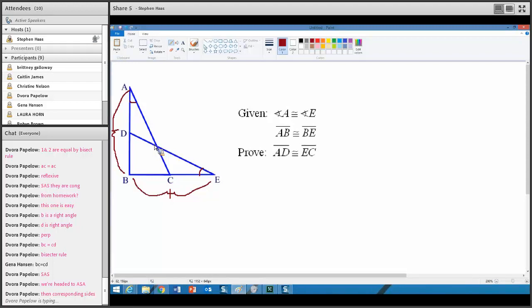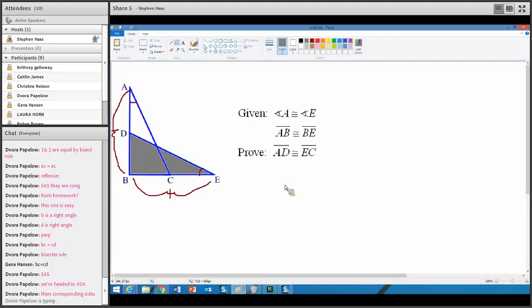Think about these two triangles. Just looking at this, this is one that you'd probably have to think about for a little while. What about these two triangles? Imagine this triangle, which is triangle ABC, and then imagine this triangle, which is triangle DBE. These are overlapping triangles, and I think this is what Devorah was talking about over here.